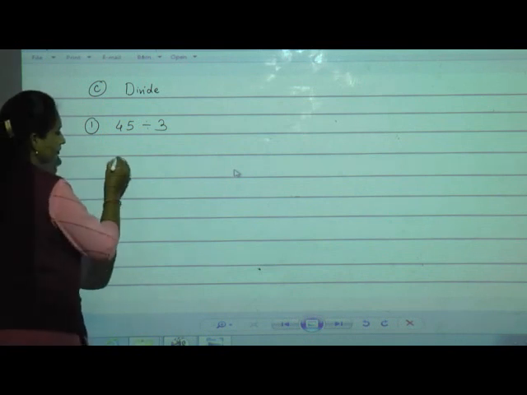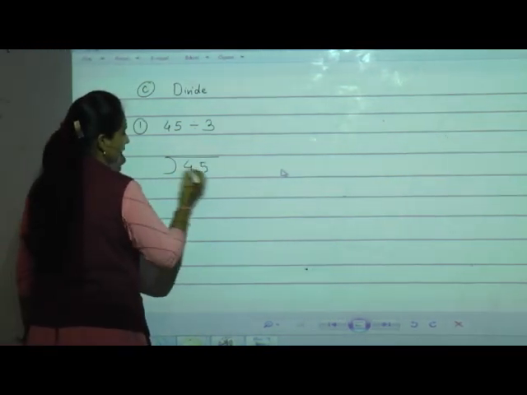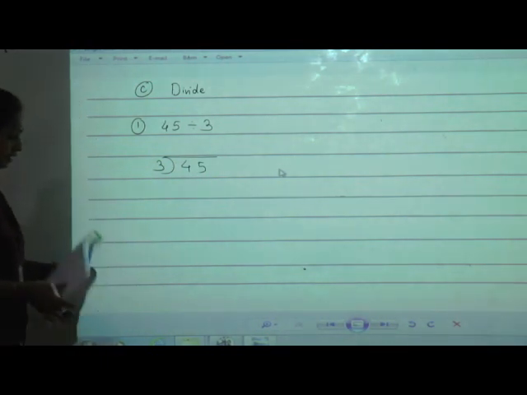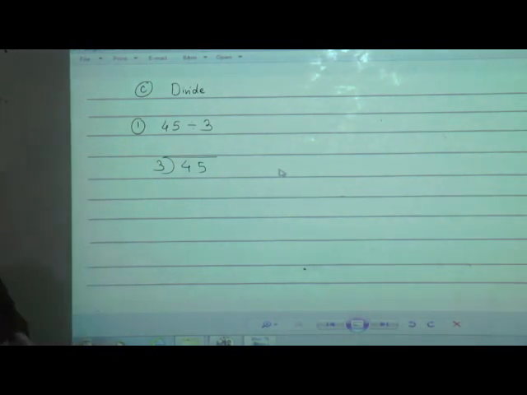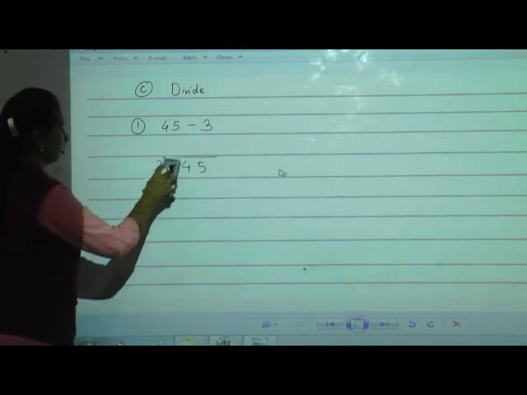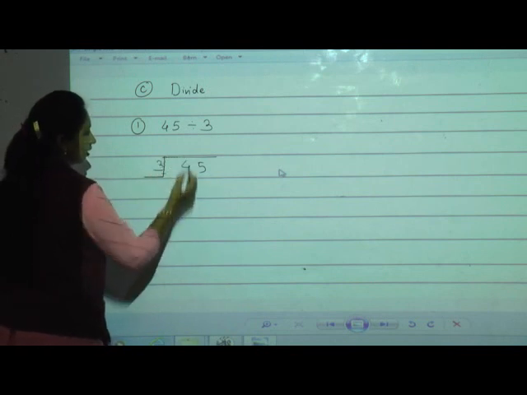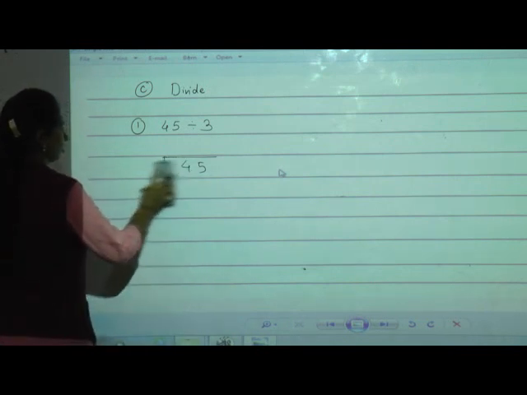So what will you do now? 45 divided by 3. Okay, in this way you have to write, isn't it? Now you will write it in this way.